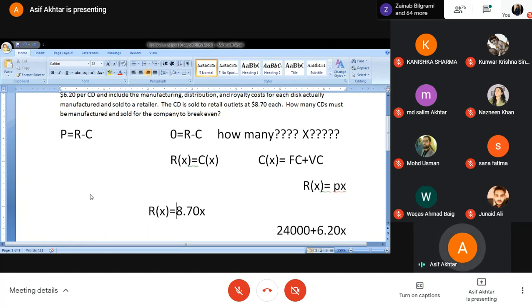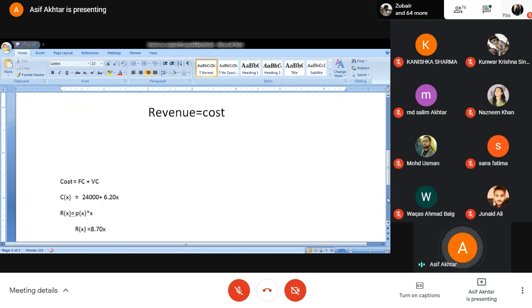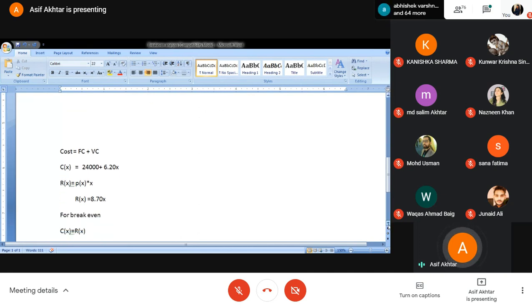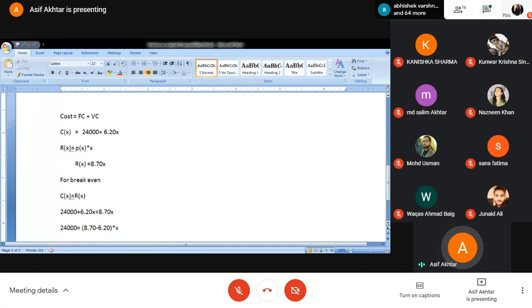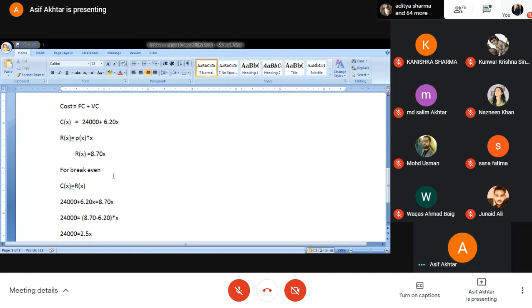So now we have the cost function, 24,000 plus 6.20x, and this is the revenue function. We will equate these two, cost equal to revenue.